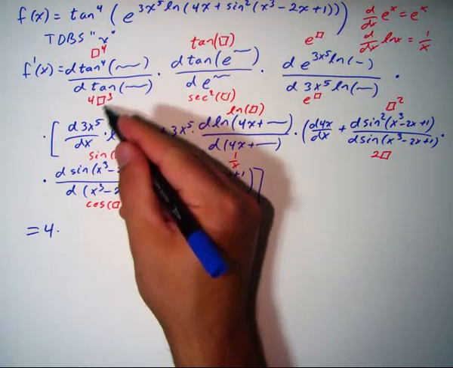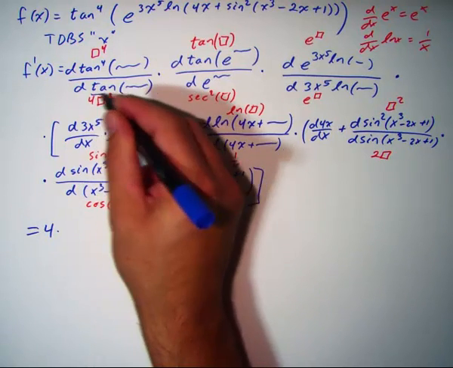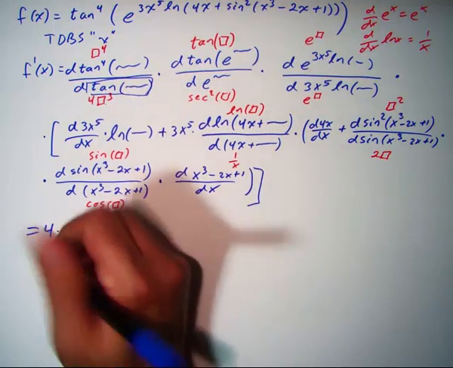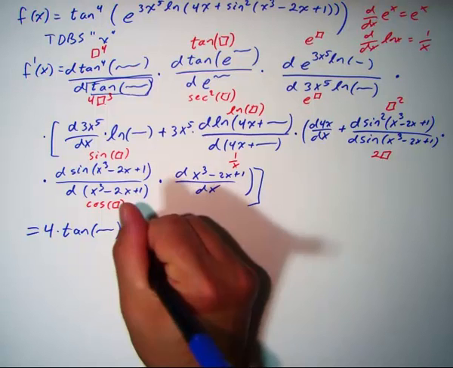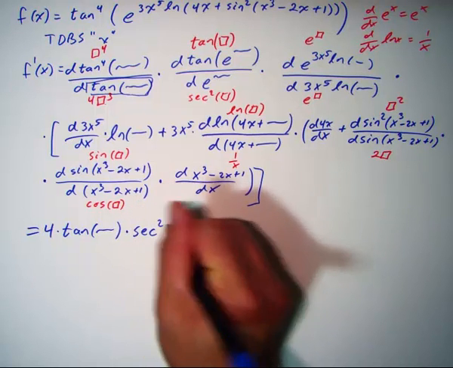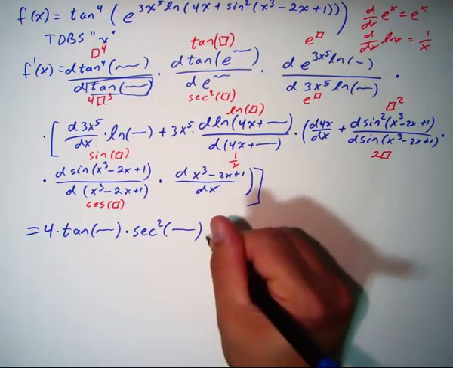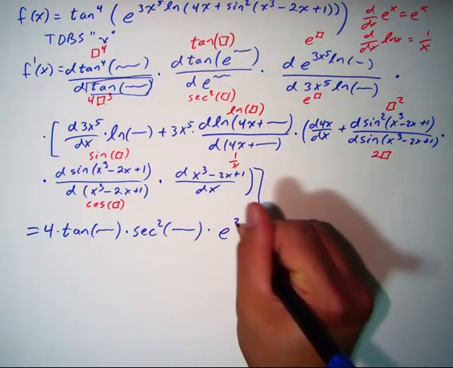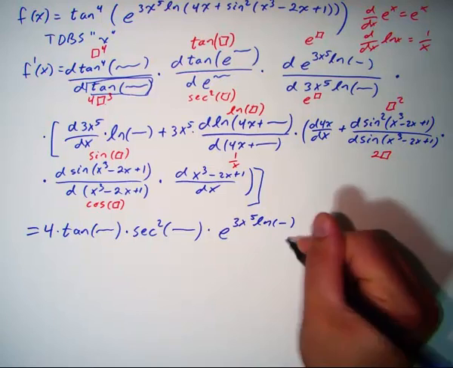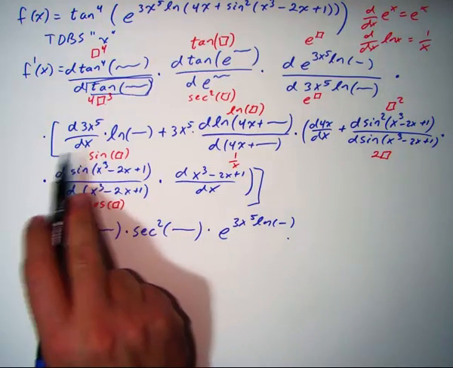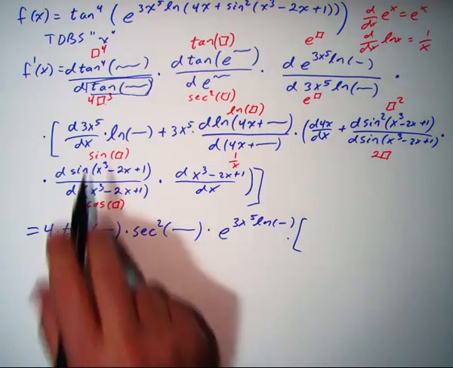This is 4 times box cubed. Box is right here. All I have to do is copy it down. 4 tan of blah times secant squared of blah times e to the 3x to the 5th ln of blah times open bracket.